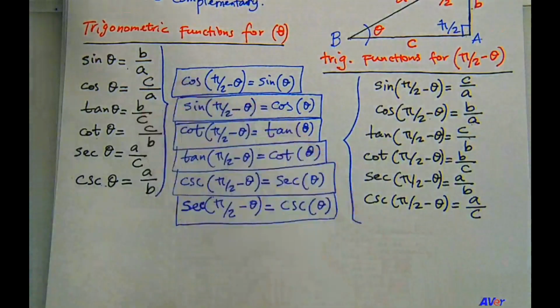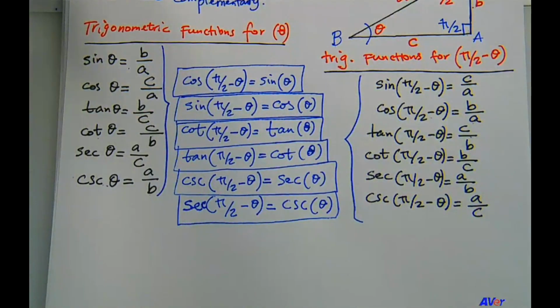Okay, so these are the relationships between trigonometric functions of some angle and the complement of that angle, the angle that if you add to the theta will make it equal to 90 degrees.